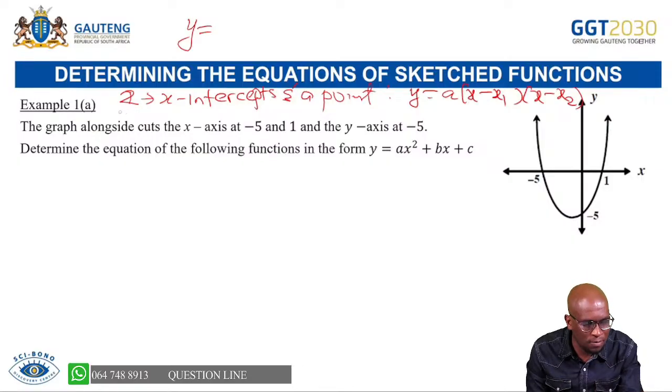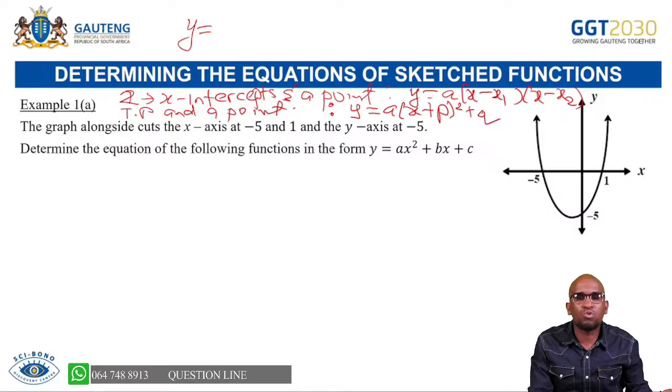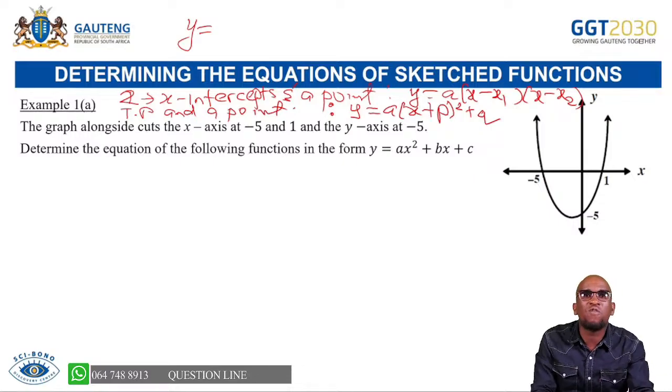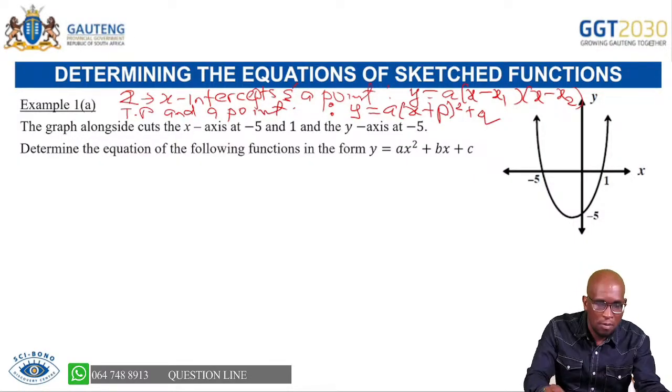But if you are given a turning point and a point, then we have to revert to y equals a into x plus p squared plus q. You will take the turning point form of the parabola. But if you are given two x-intercepts, you will take the dual intercept form of the parabola.